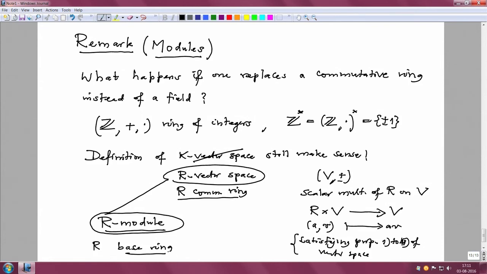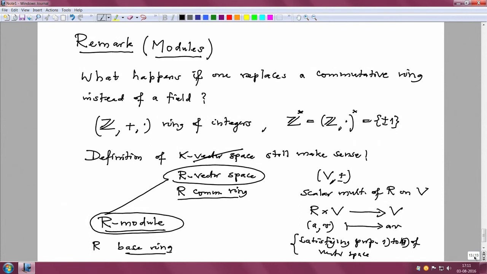Okay, so, the study of modules is obviously much more complicated than the study of vector spaces, and we will not get into this. Even for the simplest commutative ring, Z, the ring of integers, the study is not as simple as that of a vector space. So, I just wanted to make this remark and go on.